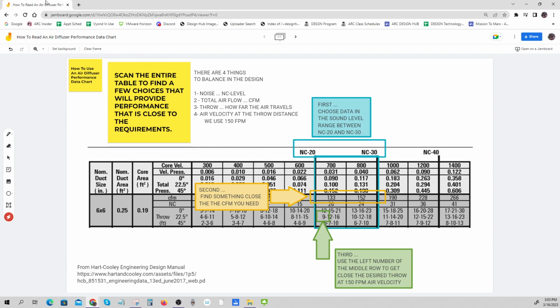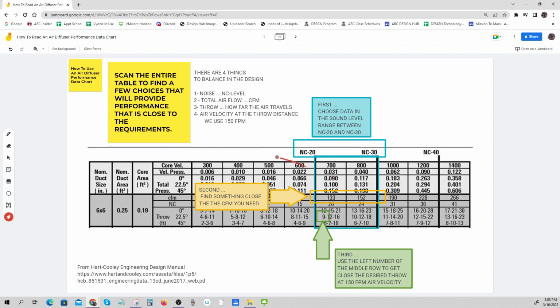So the first one that we want to look at is noise level. The way this table is set up by noise level, NC20 to NC30, and it says the noise level here. Any choice between these two is good. So there's a whole section of the table that's in that range, and we're only going to look at data in that range.